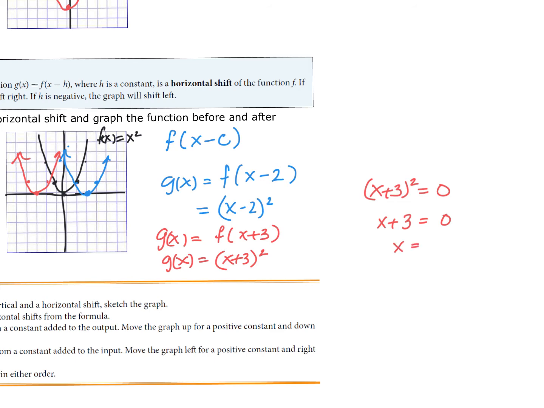And then you would have solved for x, and so when x is negative 3, my output would be 0. So it's always the opposite sign.